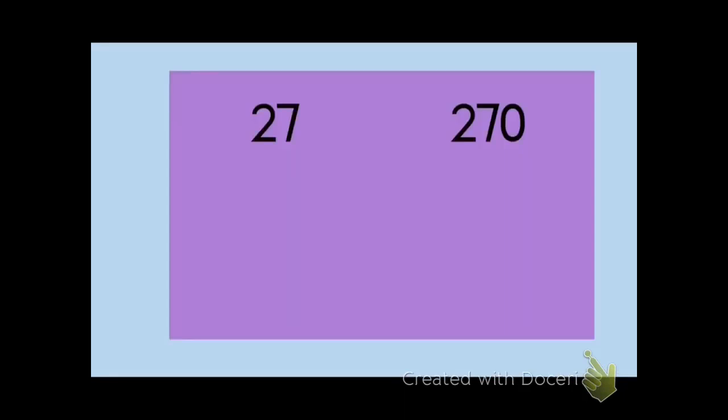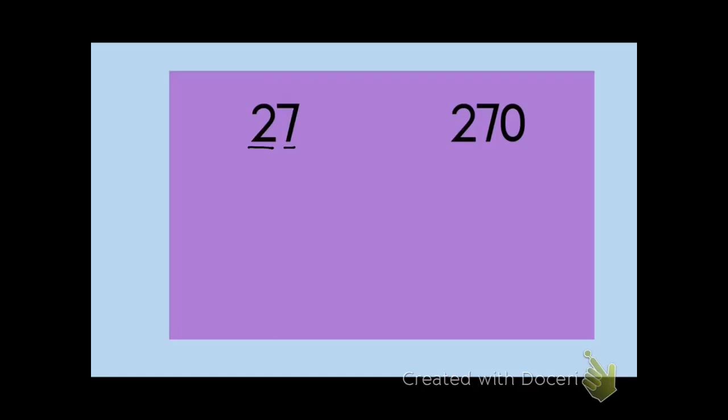Let's have a look at 27. Here you can see we have 2 digits. Say it with me, 27. Can you hear I said 20 and a 7? To get to 20, we have to count in tens.